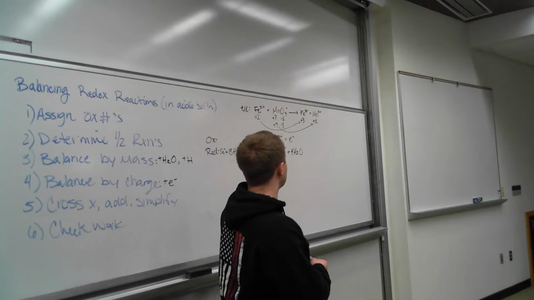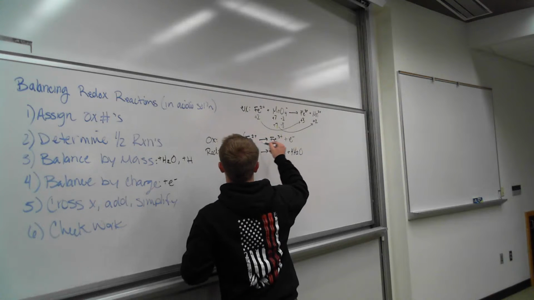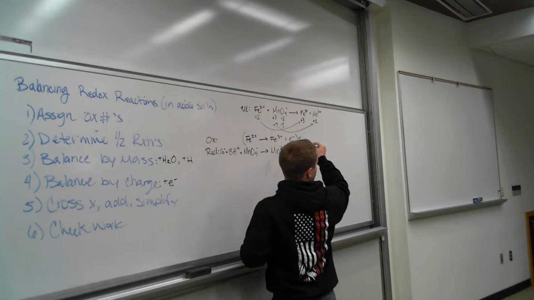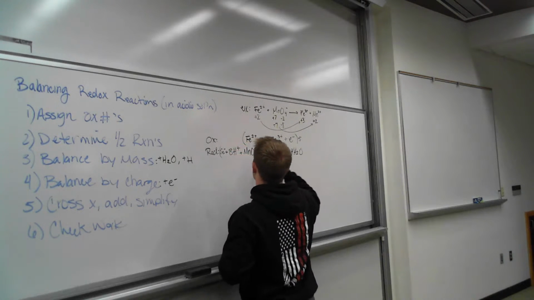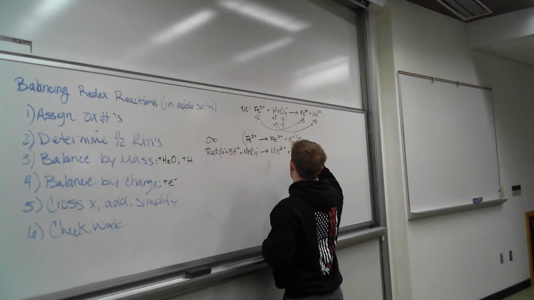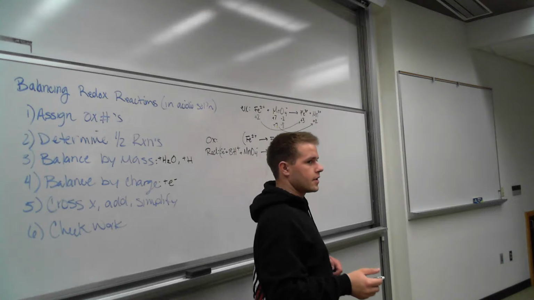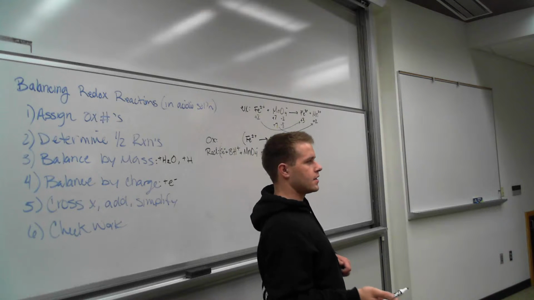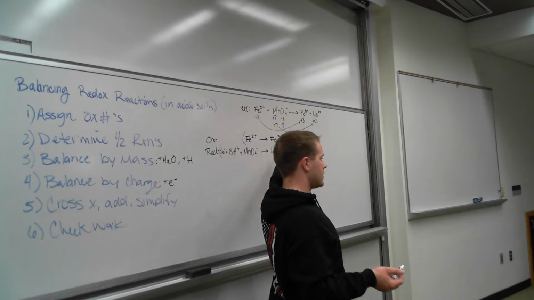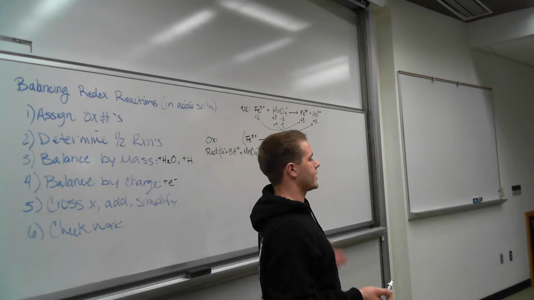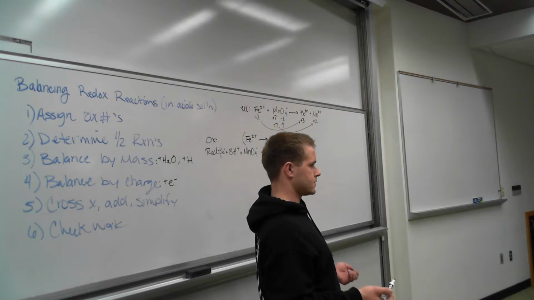So we're going to multiply our oxidation reaction times 5 and our reduction reaction times 1. That's why I wrote cross multiply, because when we're done, we should have our electrons cancel.